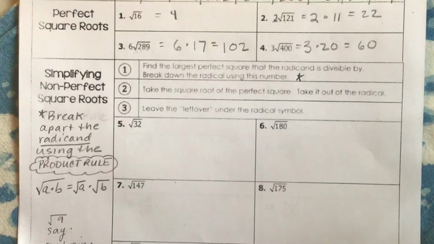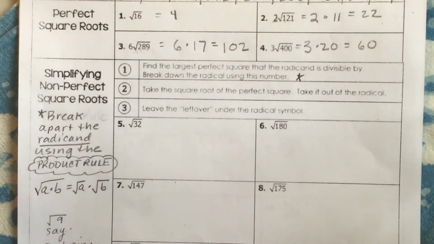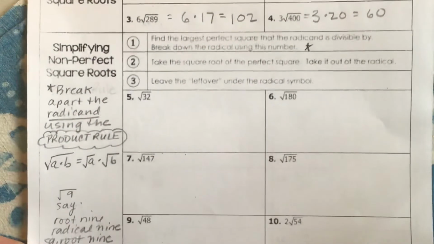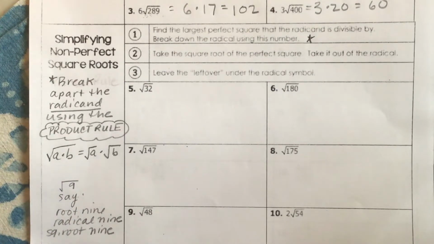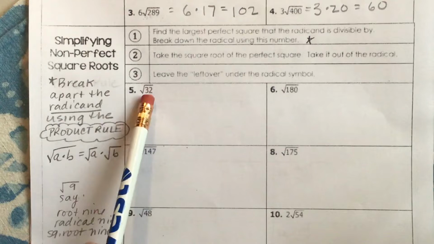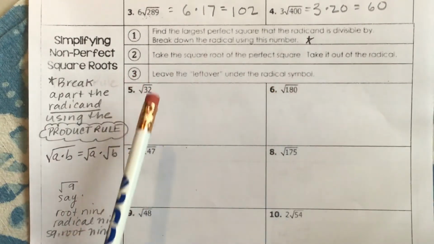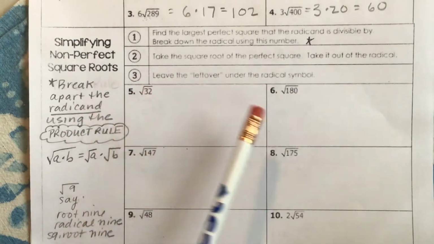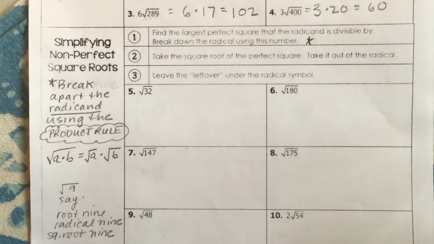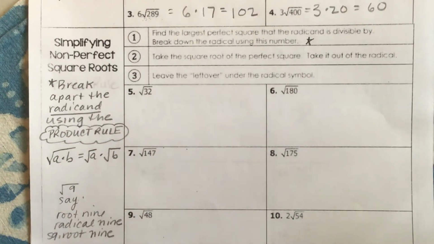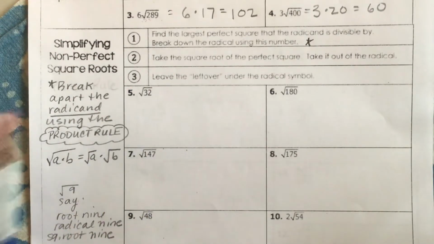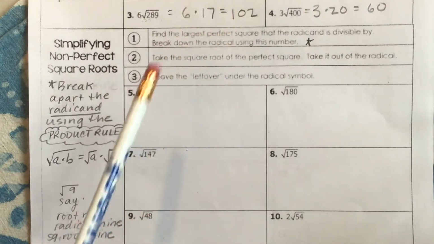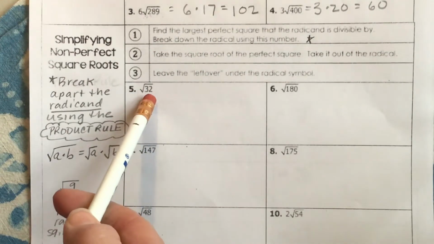Okay, so down here, I have some tips for how to simplify these non-perfect square roots. So you're going to see a lot in quadratics numbers under the radical sign, playing the role of the discriminant, that are not perfect squares. So what we want to do to break those apart and try to simplify them is factor these numbers out.